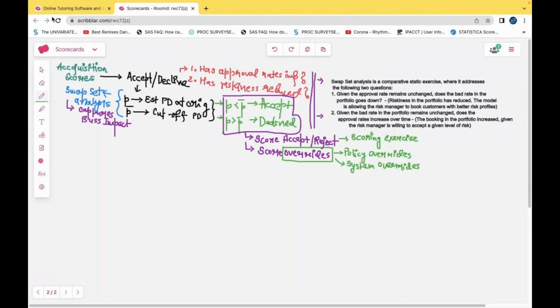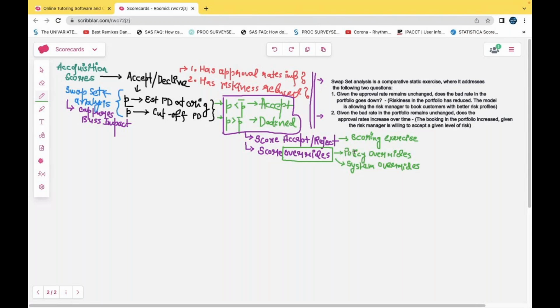So once the borrower has a policy override, at an acquisition stage, when an accept or decline decision is being taken, these overrides play a very important part.